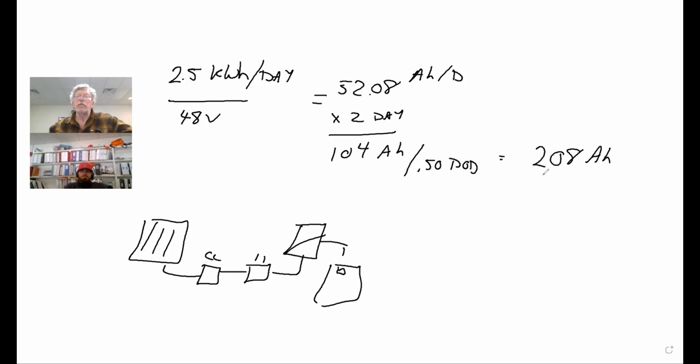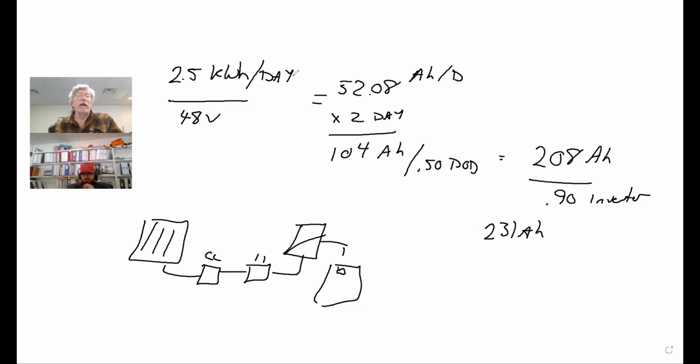So if we've got a 90% efficient inverter, I would derate here, and it would be 208 divided by 0.9. And so I need a 231 amp hour system. It's got to be 48 volts, 231. So that's how I would size it with a lead acid battery system. That would be a typical battery sizing system.